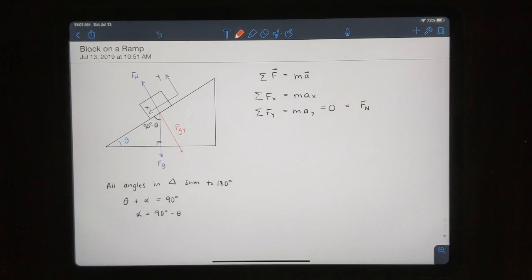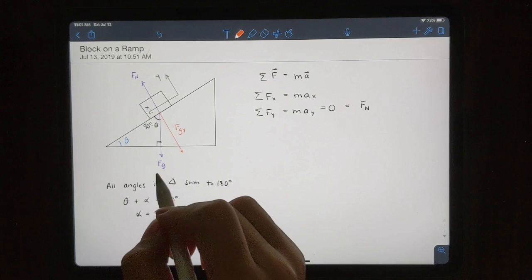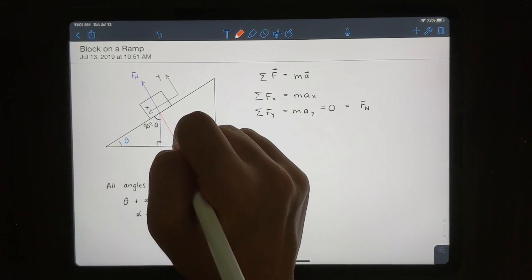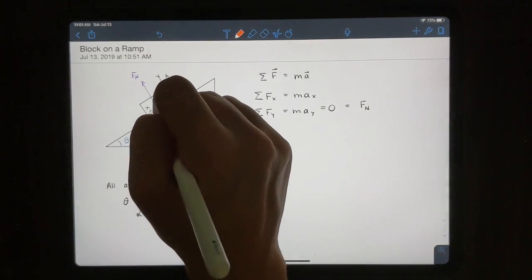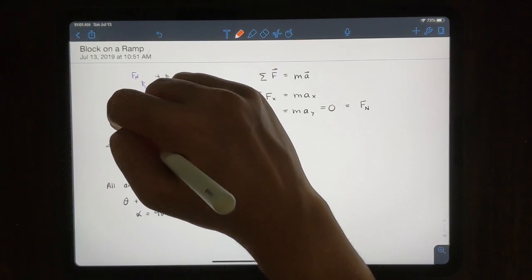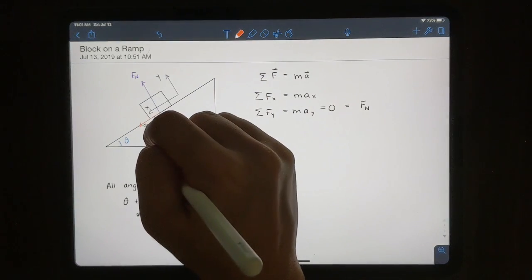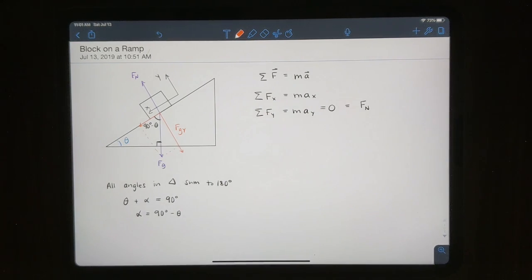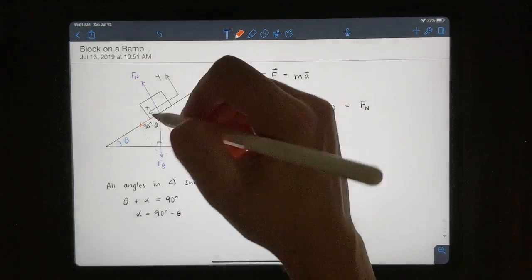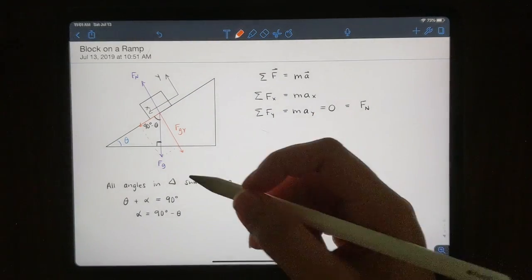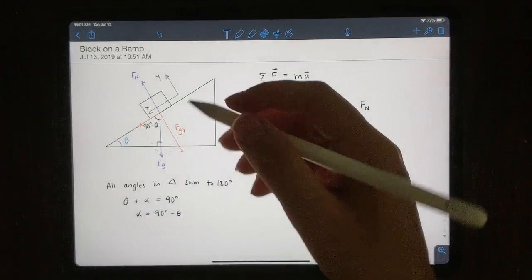Okay, so we want to do the same thing for the x coordinate. We want to figure out how much of our gravitational force is in the x direction. So what I can do, maybe up here first just to highlight, is the projection. When I say projection, I mean drawing a vertical line or a straight line from the tip of the arrow to the y-axis and the x-axis, and that tells me how much of the vector is in the x direction or in the y direction.